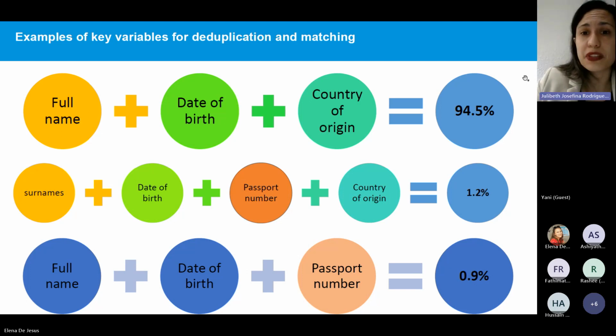And to give an example between these two databases, just with the exact combination of full name, date of birth, and country of origin, 94.5% of the data are linked. But there are other possible combinations using, as you can see, passport numbers, surnames, etc., if we want to generate more deduplication. Next, please.